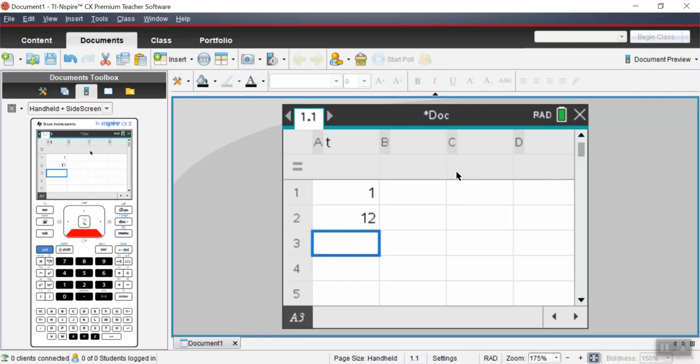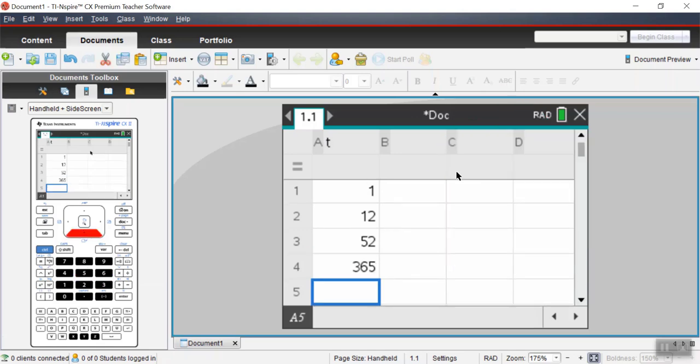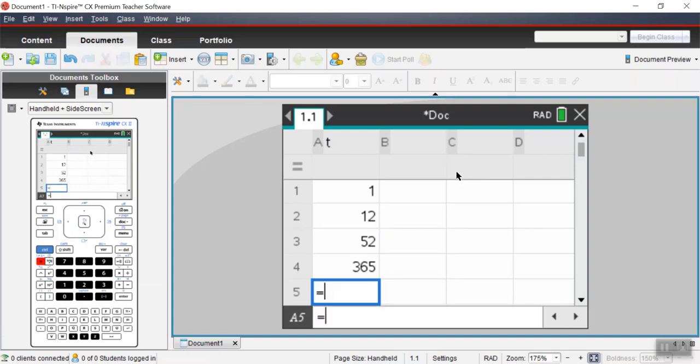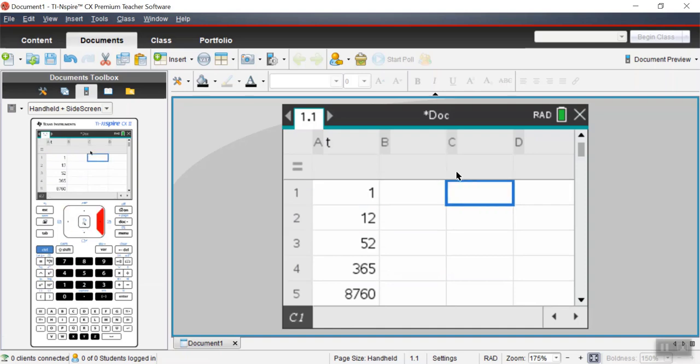Could be compounding every 52 weeks. Every week. It could be compounding every day. It could be compounding every hour or second. 365 times 24, hours. Oh, look at that. It could be compounding every hour.